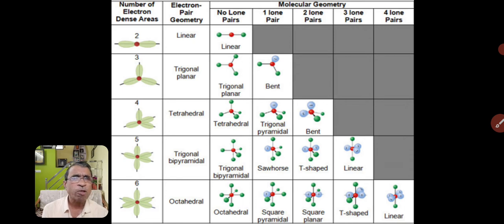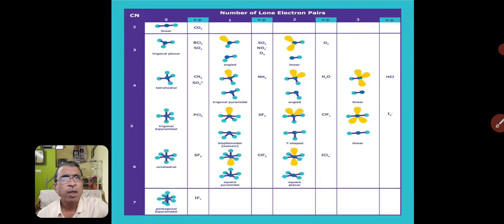If two lone pairs of electrons are there, it gives square planar geometry. If three lone pairs of electrons are present, it gives T-shaped. And if 4 lone pairs of electrons are there, it gives linear shape. And for all these shapes, various examples are given.